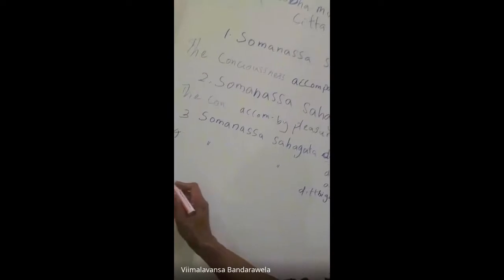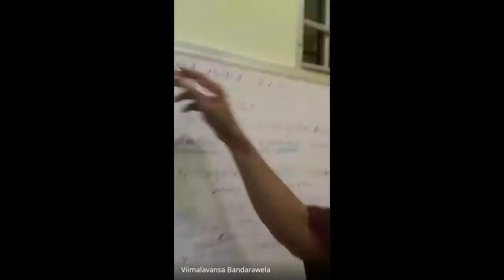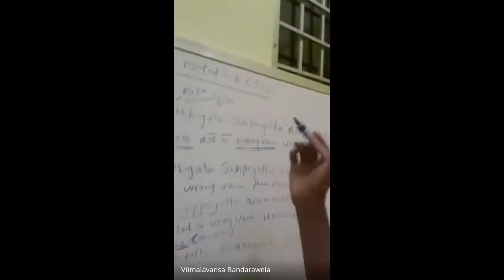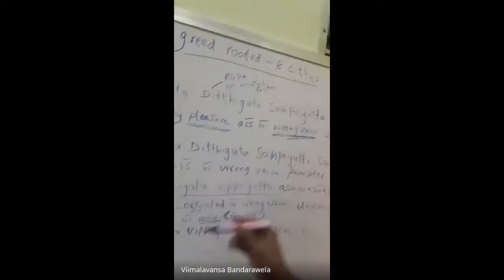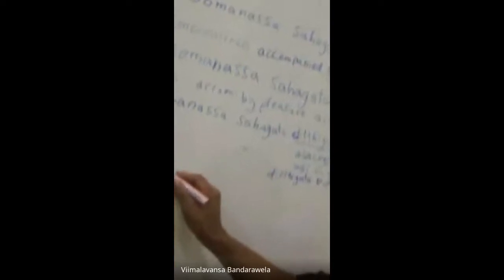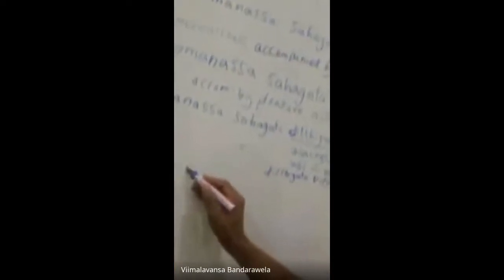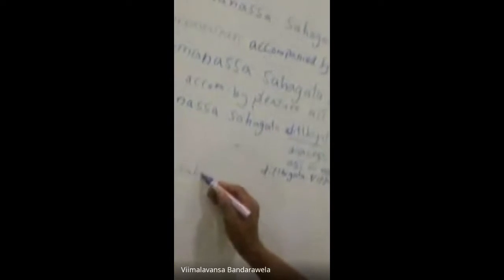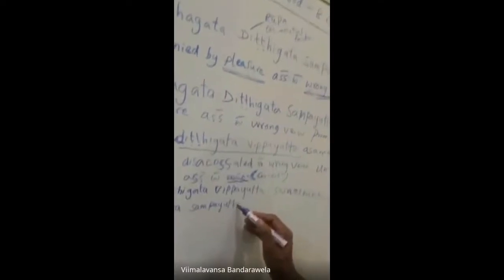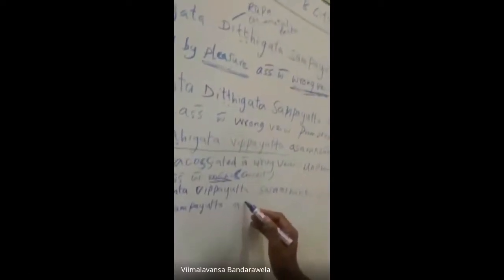Okay. Now, the fifth consciousness for the lobha mula chitta, or greed rooted, right? Still, you have lobha. The other one is upekkha sahagata, ditthigata sampayutta, asankarika chitta.